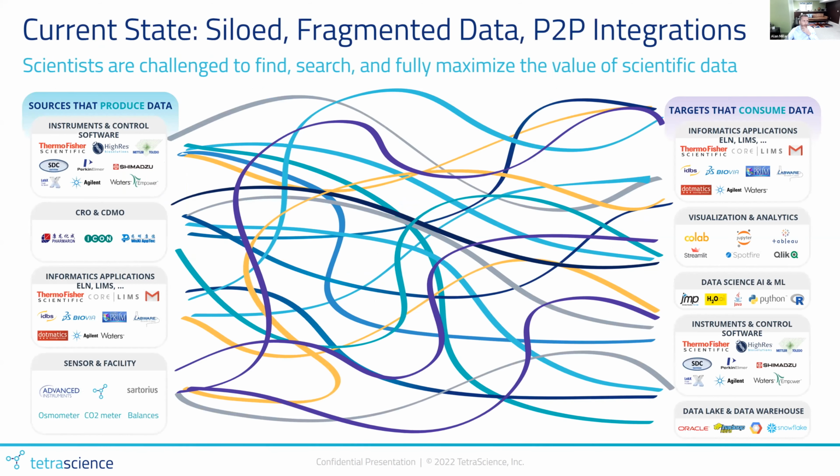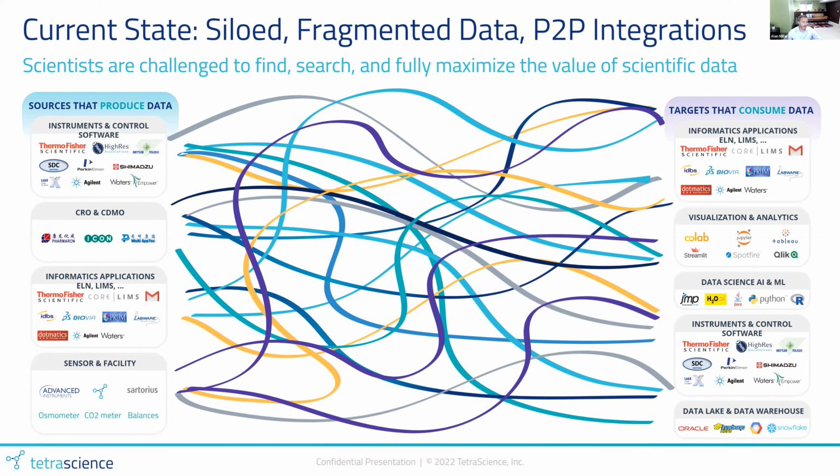So the way we think about the current state is, as I said, and as we all know, there's a multitude of analytical testing methodologies in the lab. There's a multitude of applications that consume the data. And the visually busy slide on the screen is meant to be busy visually to represent that. So we have sources that produce data on the left and targets that consume data on the right.